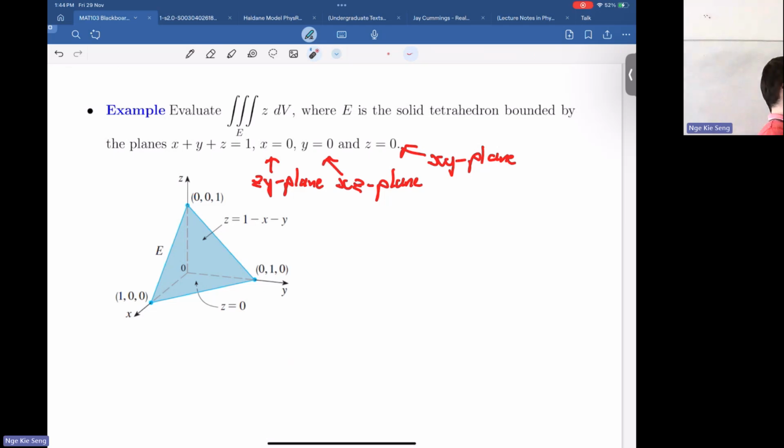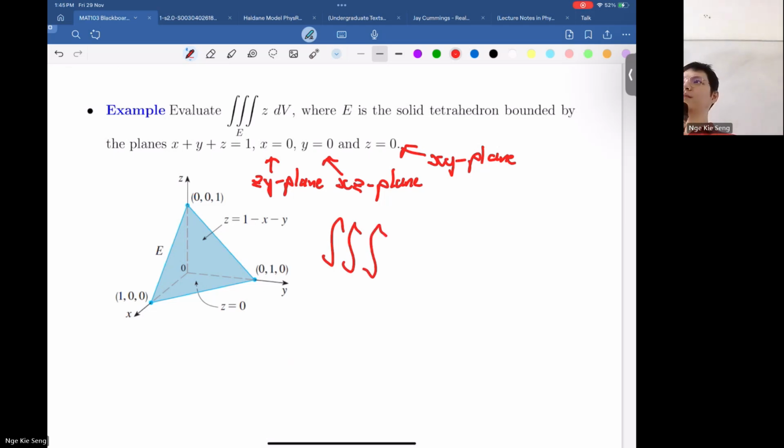So, which order you want to do in this case? So you can pick any order. How many order you can pick? There are 6 of them. Okay. So which order you want to pick? You want to fix one? Which order? Z?